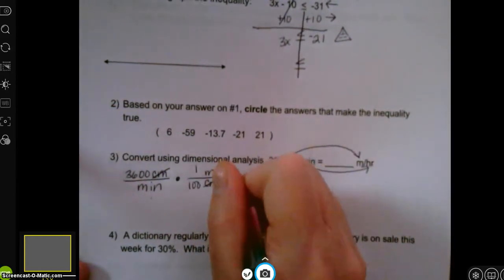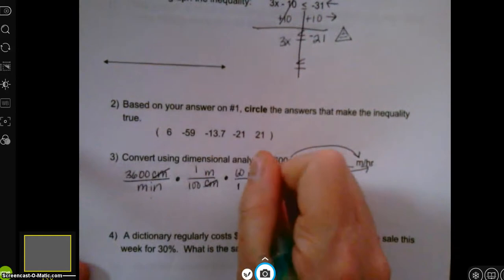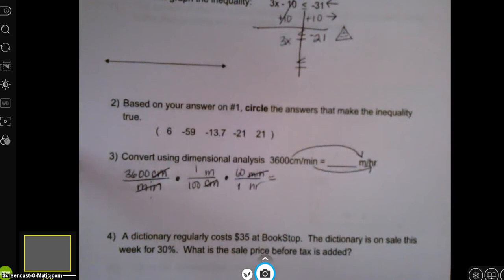1 hour is 60 minutes. Every time I put something here, remember we do cross, cross. So now I have meters per hour, and that's what I want. So as a reminder, we look for relationships. The one relationship I want you to see will be the zeros. So here I have 2 zeros, and I have 2 zeros here.